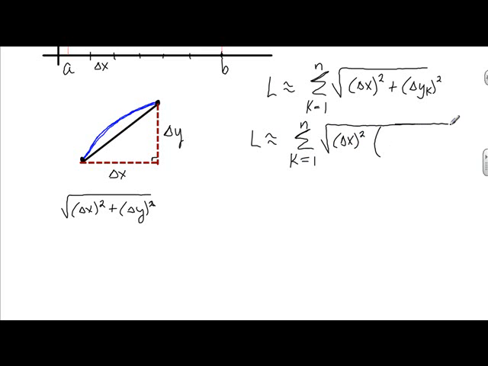That'll leave us 1 as the first term plus delta y sub k squared over delta x squared. Okay, remember that factoring is like dividing. And you could double check the algebra there. If you multiply delta x squared into the two terms, you'd end up with delta x squared plus delta y sub k squared.